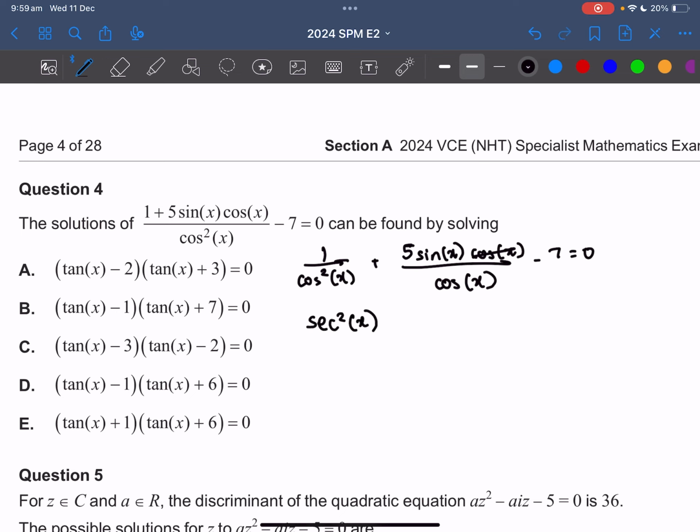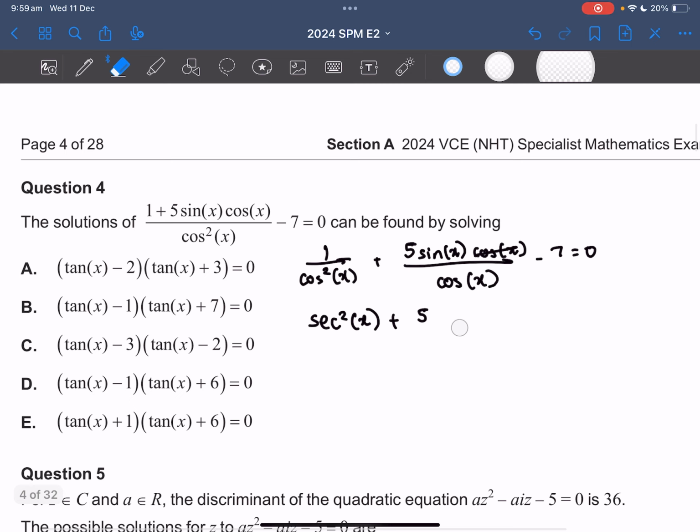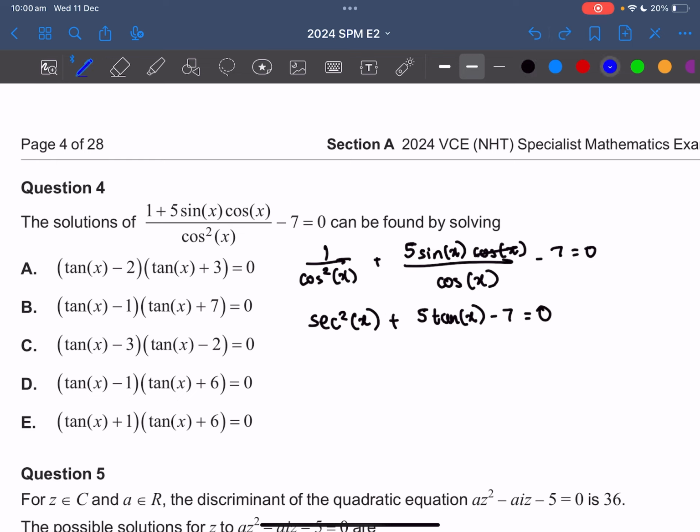So we can write this as secant squared x, right? Because secant is 1 on cos, plus 5 sine on cosine of x. So we can say it's 5 tan of x, right? Because sine on cosine is tangent. Minus 7 equals 0. Now we can express this in terms of tangent as well by using the property that 1 plus tan squared x is equal to secant squared x.